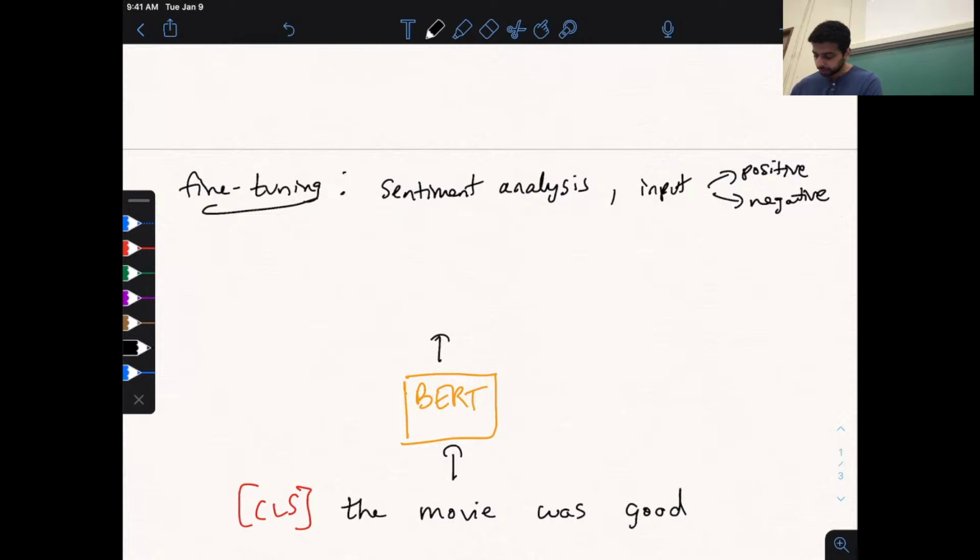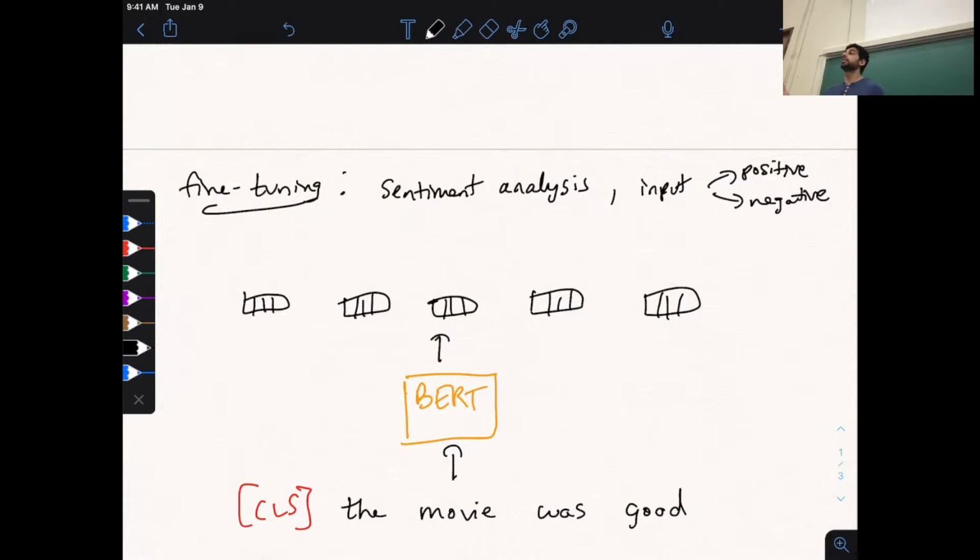We know that we will get a vector for each token in the input. So now I have 5 vectors, right? And I want to make one decision over whether this entire sequence is positive or negative. So this is where this CLS token comes into play.